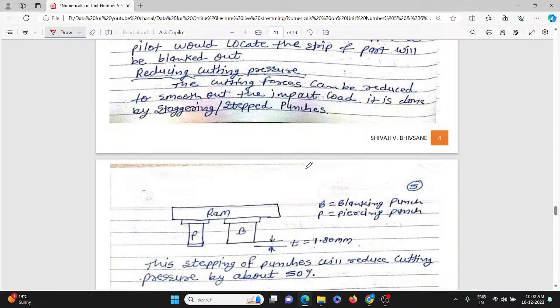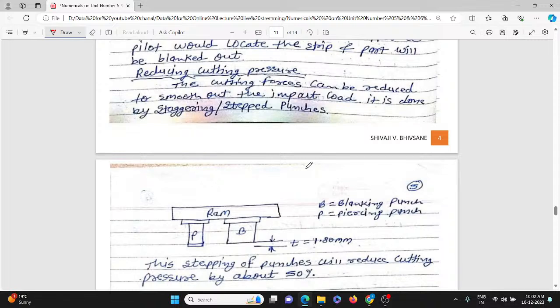In shearing the punch, an angle will be given to the punch or the die, and accordingly the total perimeter of the punch which is in contact with the sheet while cutting will be reduced. Ultimately the force required for cutting the material will be reduced. That is called shearing of the punch or shearing of the die.